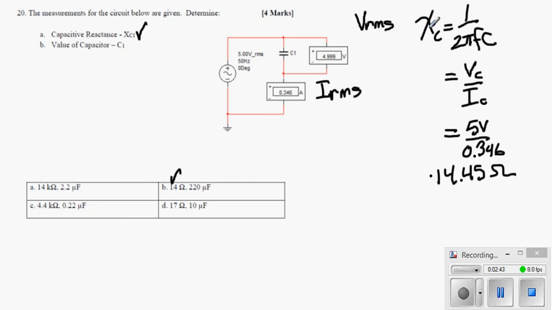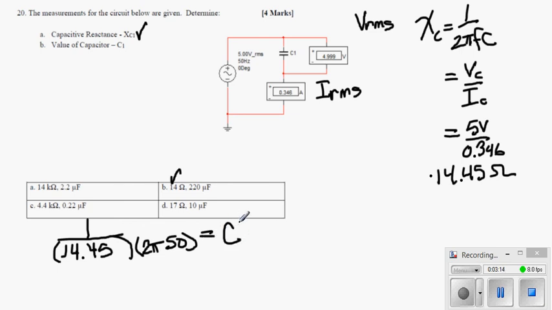We're going to substitute that into XC equals 1 over 2 pi f C, so we take 2 pi f, which is the frequency of 50 hertz, and divide that into 1. That should give us the value of C.